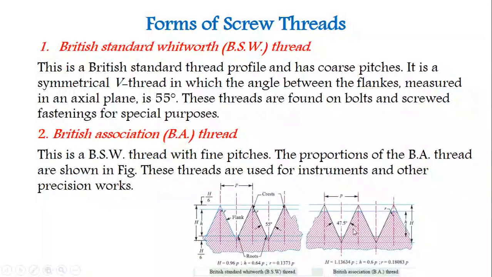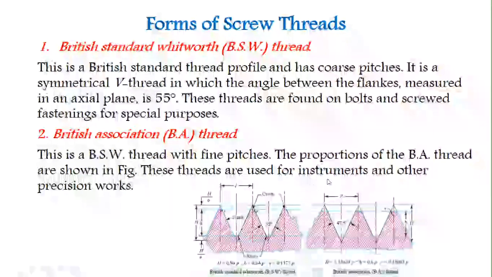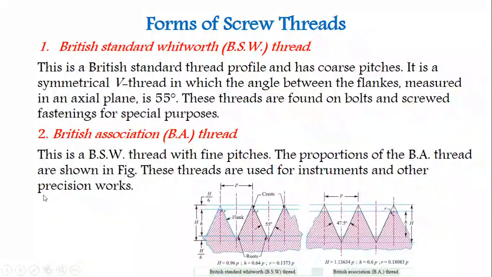Here the thread angle is 47.5 degrees. The proportions of the BA thread are shown in the figure. These threads are used for instruments, measuring instruments, and other precision work.